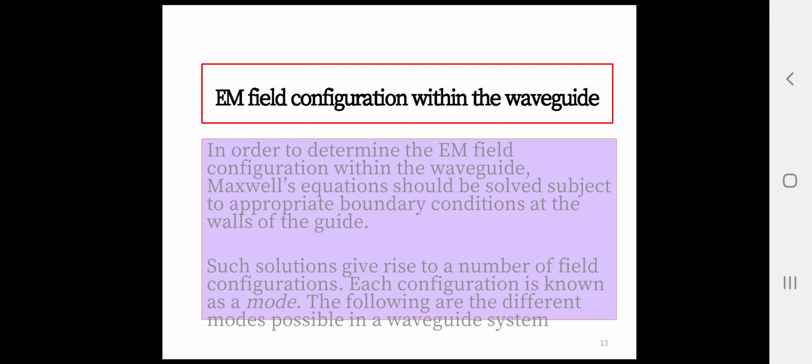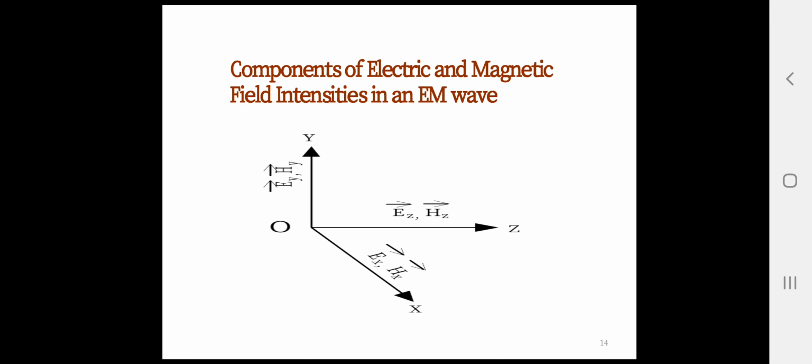Such solutions give rise to a number of field configurations. How do you define the mode? Each configuration is known as a mode. The following are the different modes possible in waveguide systems.